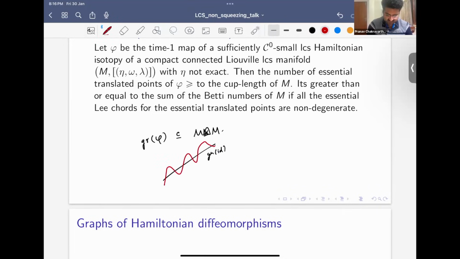And there is a Weinstein neighborhood theorem that says that any neighborhood of a Lagrangian is again LCS isomorphic to a neighborhood of the zero section inside the twisted cotangent bundle.